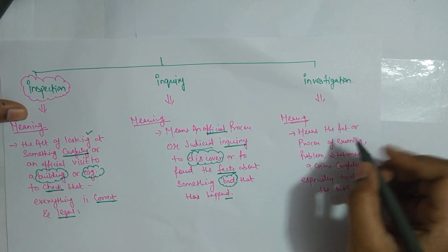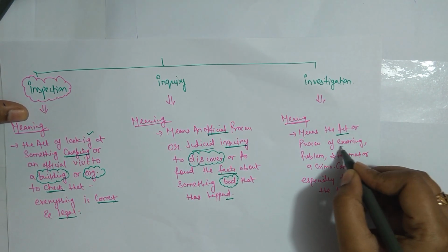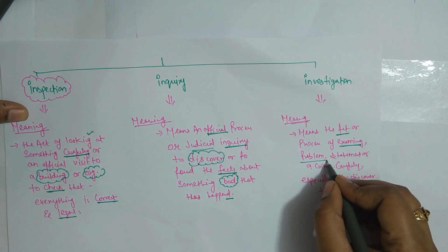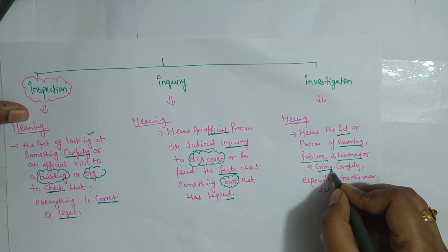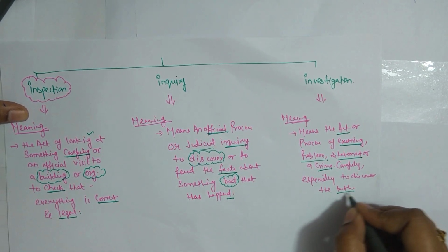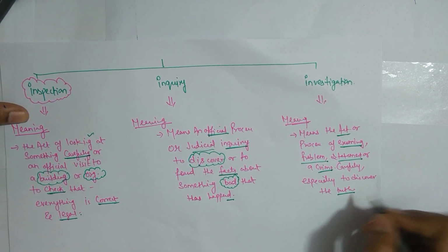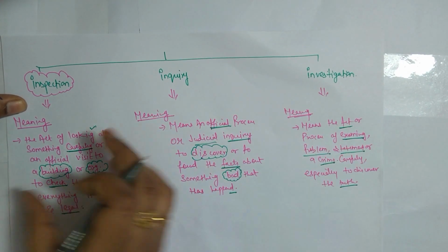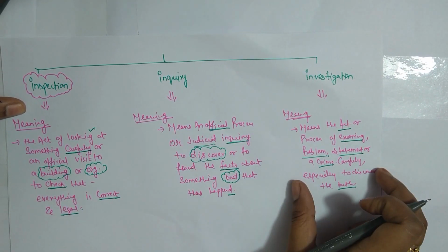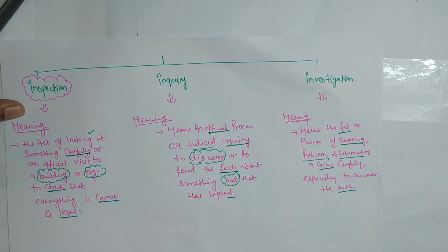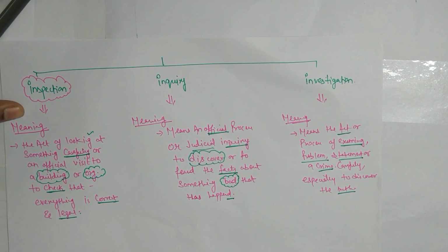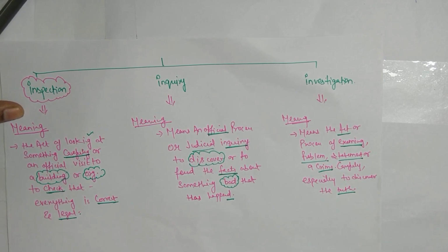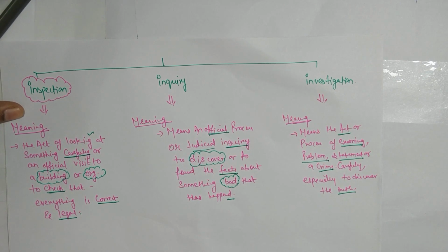And investigation means the act of examining any problem or statement or crime, especially to discover the truth. To find out the truth, we are doing this. So this is the meaning of inspection, inquiry, and investigation. There are slight differences. You have to take care of what is the meaning of inspection, inquiry, and investigation while we are discussing sections 206 to 229.